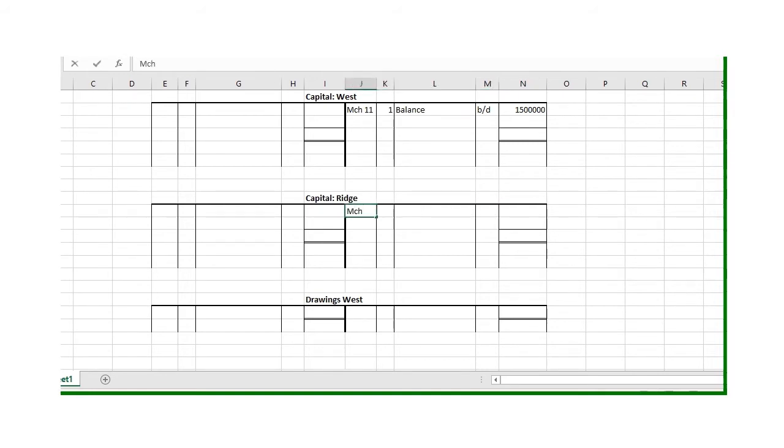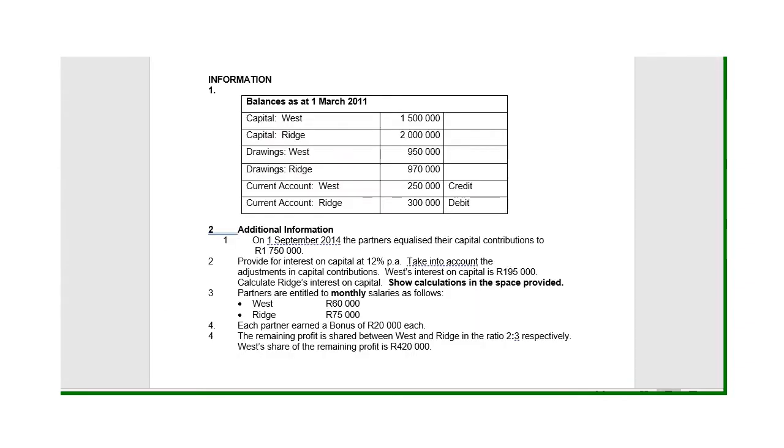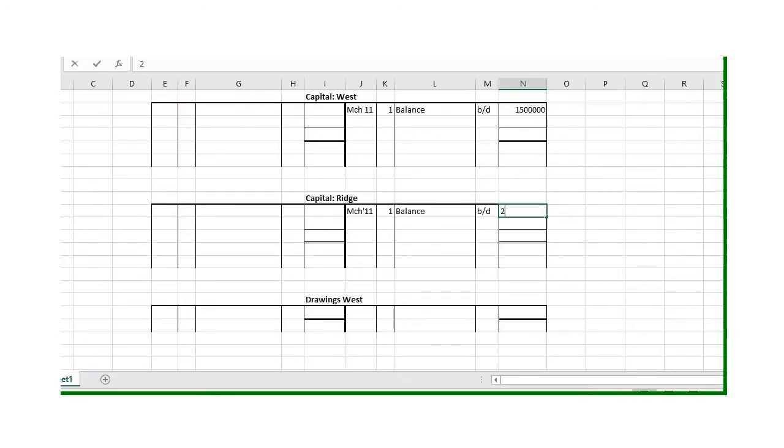March 2011, the first, balance brought down, and his was 2 million. Let's make that one also a bit clearer.